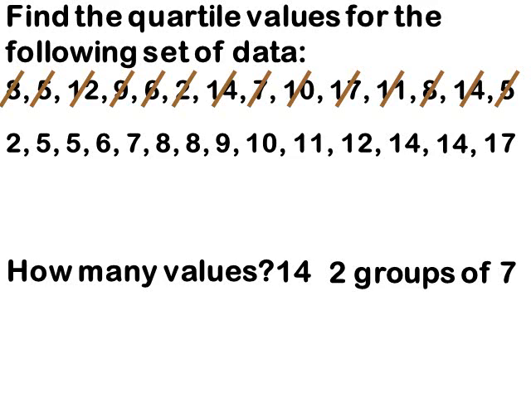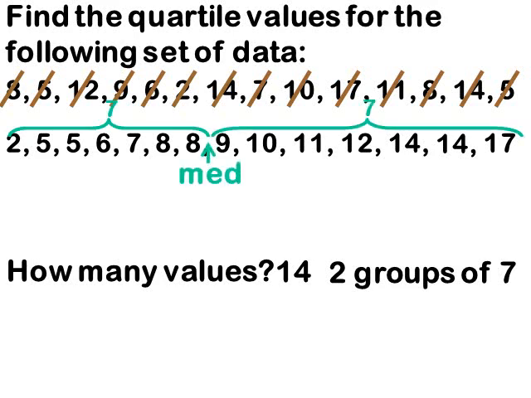So if you count 7 from the left, 1, 2, 3, 4, 5, 6, 7, and 7 from the right, 1, 2, 3, 4, 5, 6, 7, we end up on the values of 8 and 9. Our median is between 8 and 9. So our median is going to be the average of 8 and 9, which is 8.5.